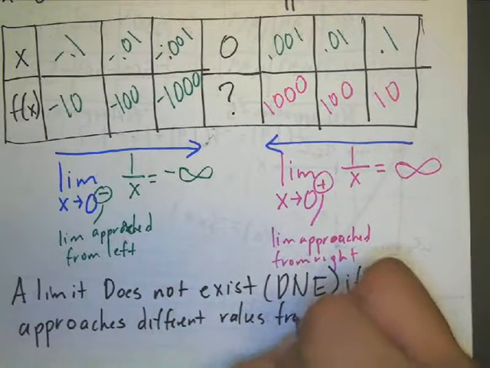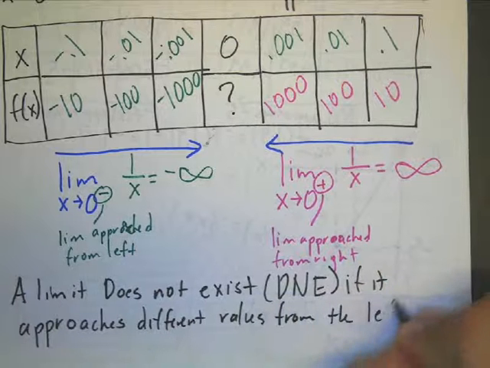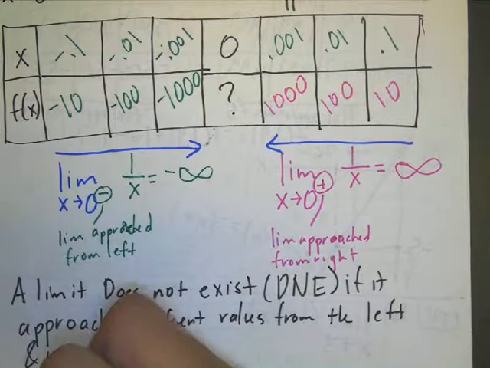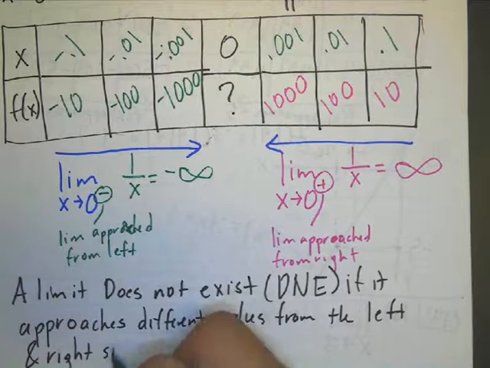So a limit does not exist if it approaches different values from the left and right sides.